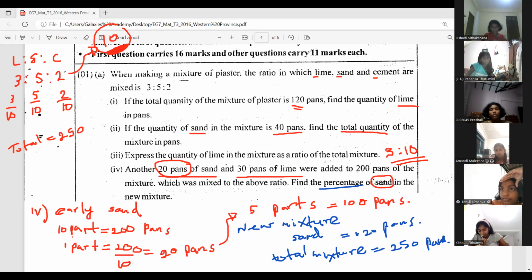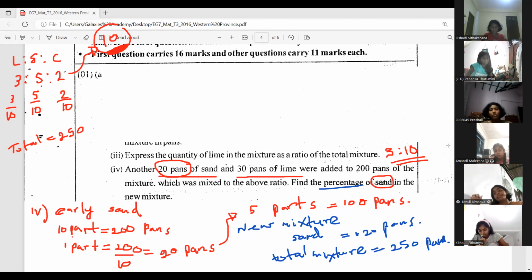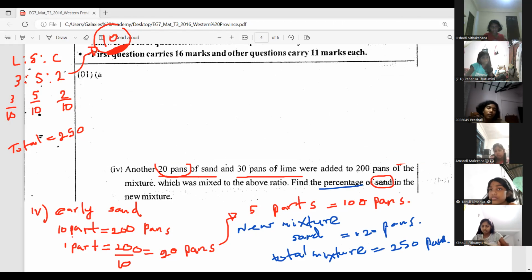Do you remember the percentage finding method? If you want to find the percentage, first you have to write the fraction. What is the fraction? Sand over total number of pans. Sand pans of the new mixture are 120, total amount 250. This is the fraction.